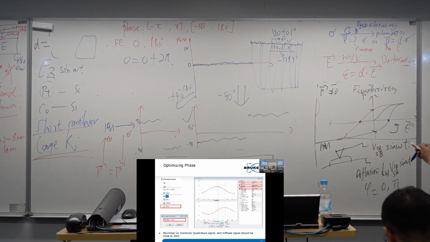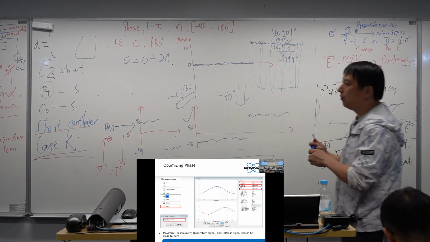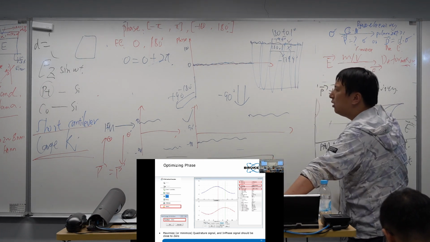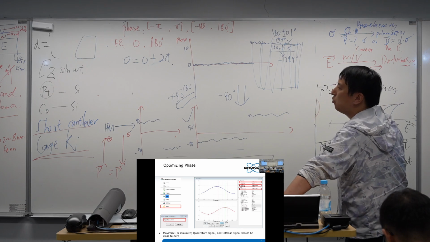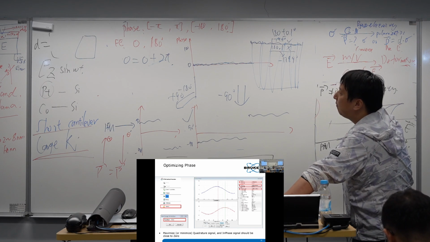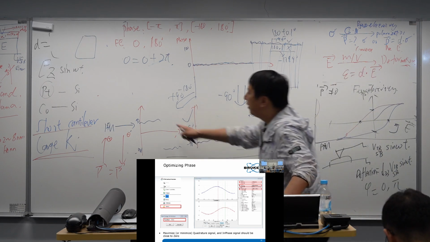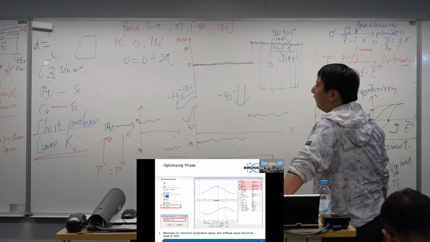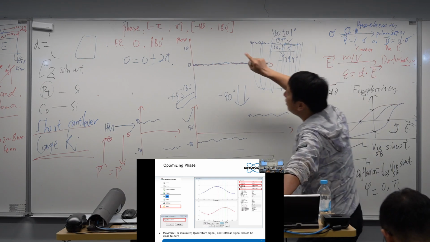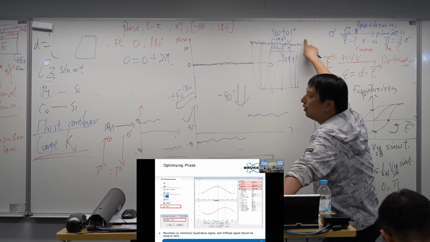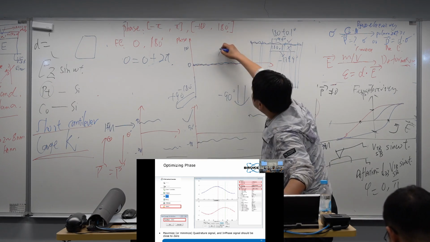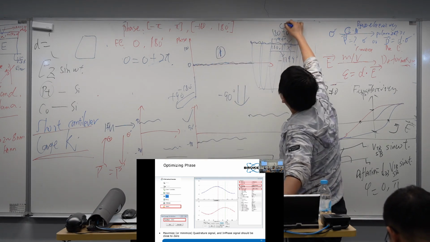But in today's community, they kind of forget the real meaning of the phase. They only remember that the phase of the PFM should be positive or negative 90. But no, the real definition of the phase should always be 0 and 180, meaning positive 1 and negative 1.